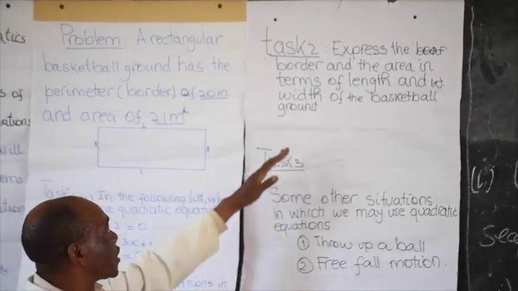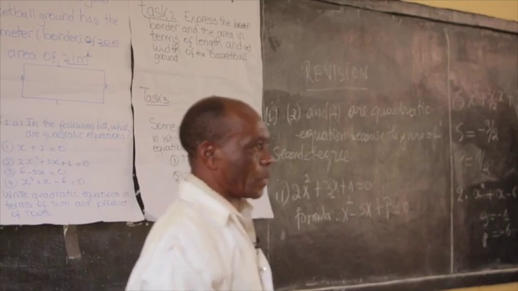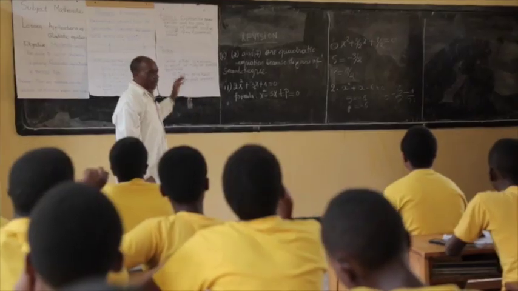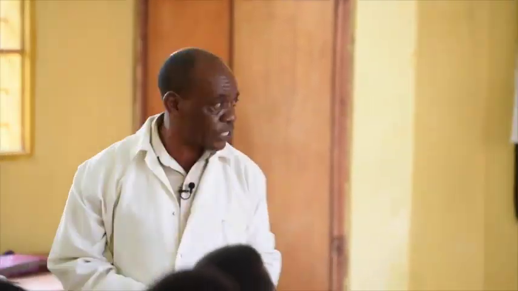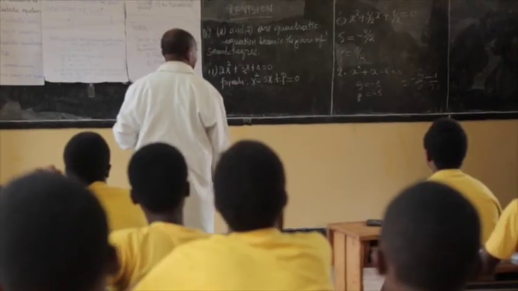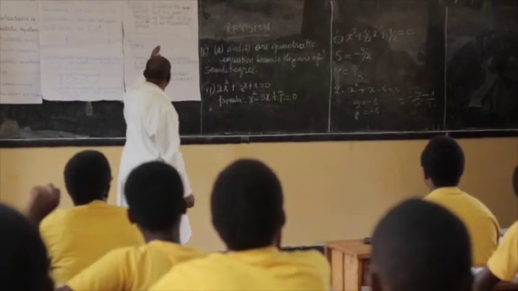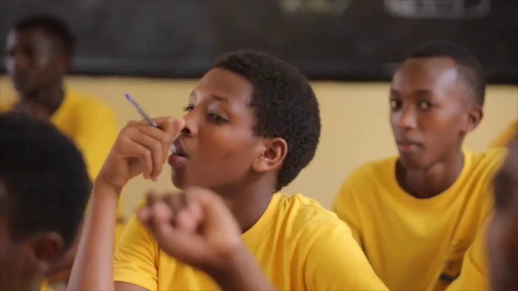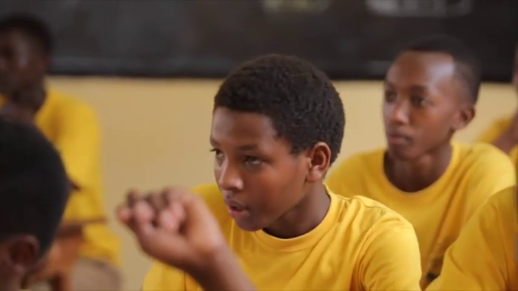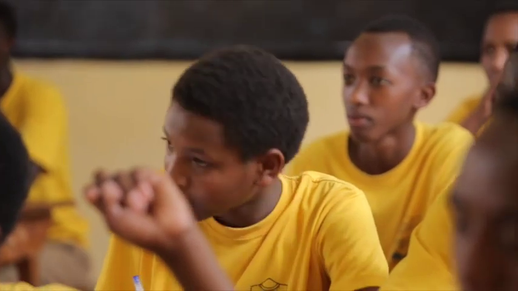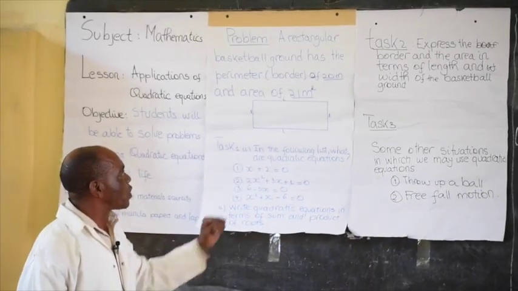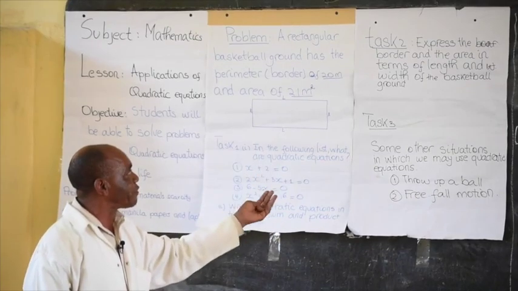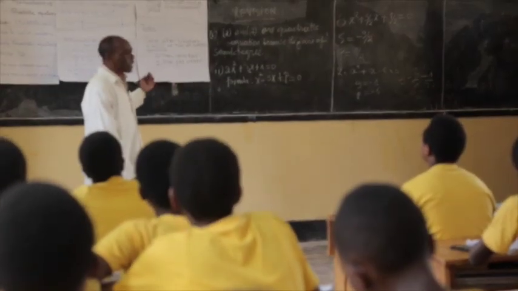Let us go now to the solution of our problem. You can form the groups, 5 groups of 6 students, and the task given to you is to express the border and the area of this rectangular basketball ground in terms of the length and the width of the basketball ground.